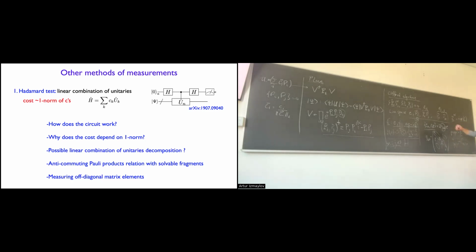And for our Pauli products, there will be just more anti-commuting terms, right? We know that every Pauli anti-commutes with the others, as it's supposed to be. Eta is diagonal, so if A and B are different, then eta is 0. But if A and B are the same, then eta is equal to 1, because we have the relation for any Pauli product that P_i squared is 1.